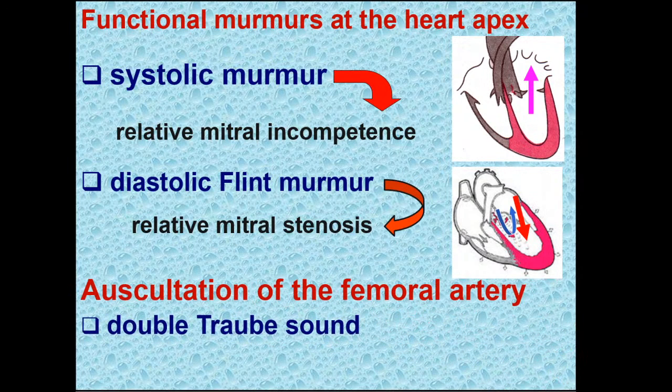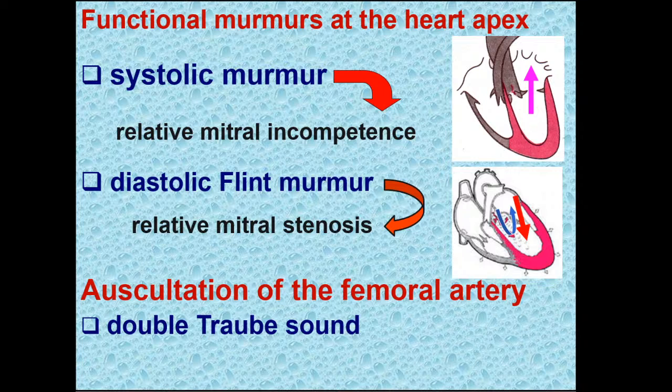We will auscultate the peripheral arteries. In aortic regurgitation, we'll hear two phenomena over the femoral arteries. Double Traube sound: we'll hear vibration of the femoral artery during the systolic and diastolic periods.